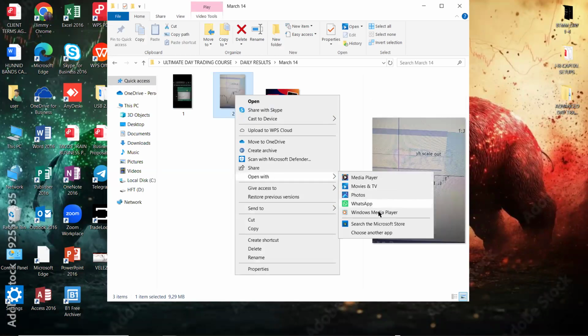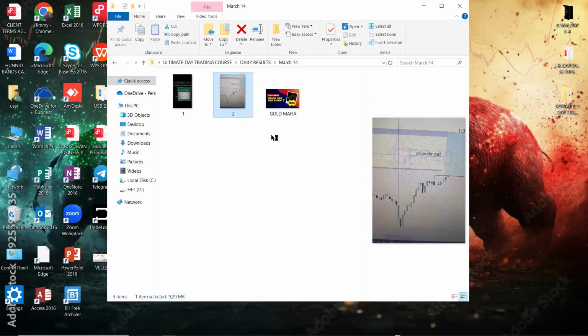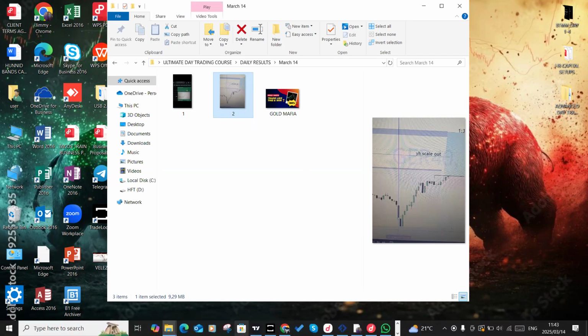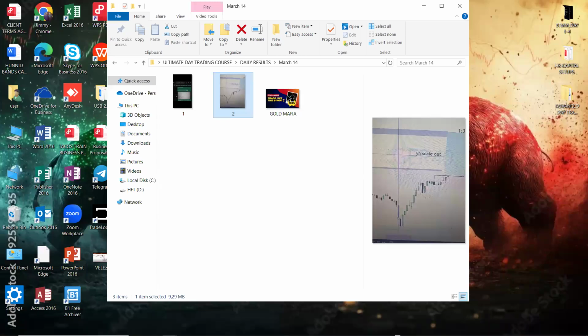Let me quickly show you the next one. I think this one shows the actual running trade. Let's just wait for it to load. I don't know why it's taking so long. Should have just dragged it onto the thing. Just pardon me there, guys.